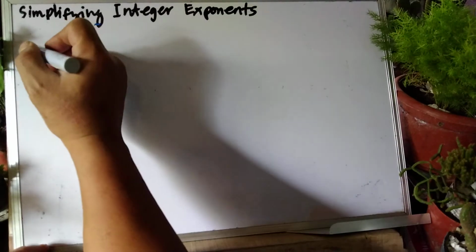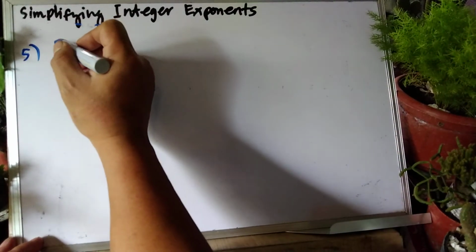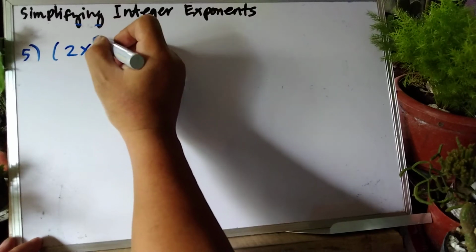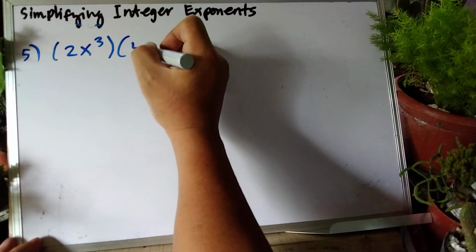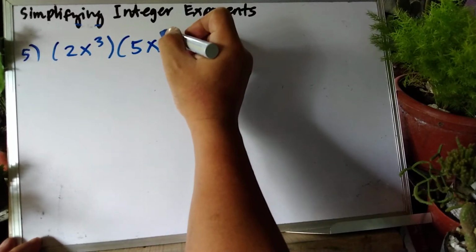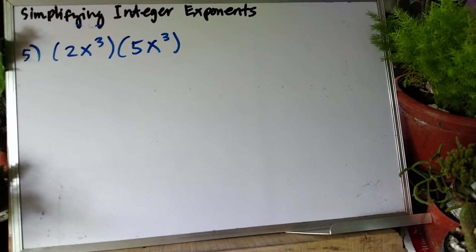Okay, what if you will now have, example 5, you have 2x cubed times 5x cubed. Okay, what are we going to do here?